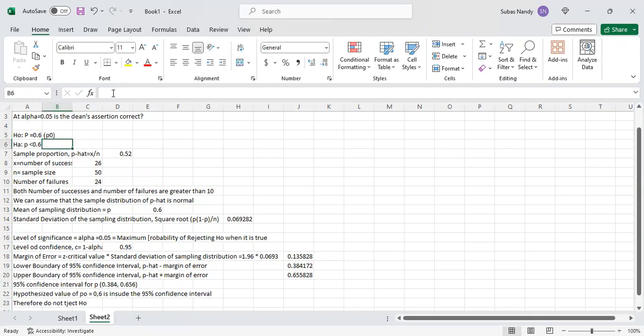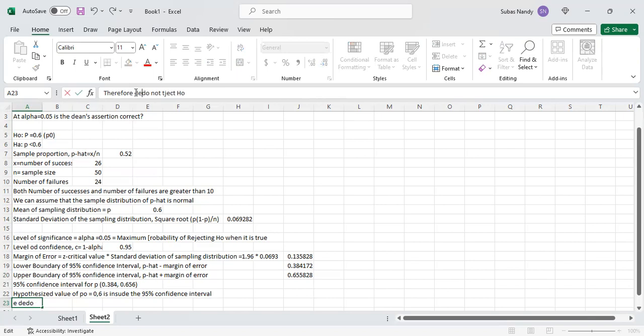So our decision is do not reject H0. If we do not reject H0, of course, then we do not support the alternate also.